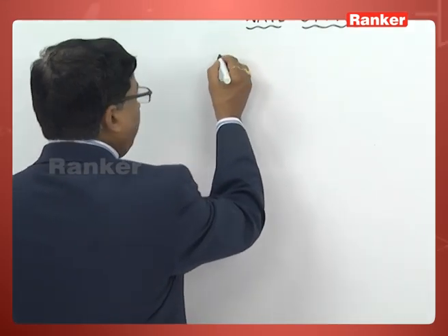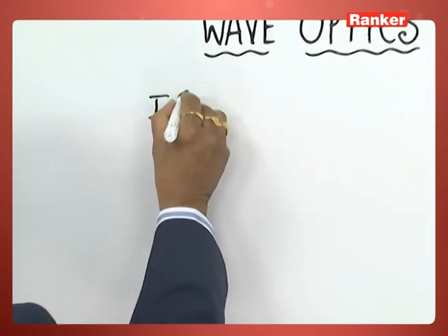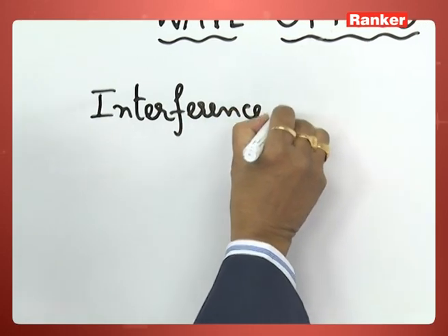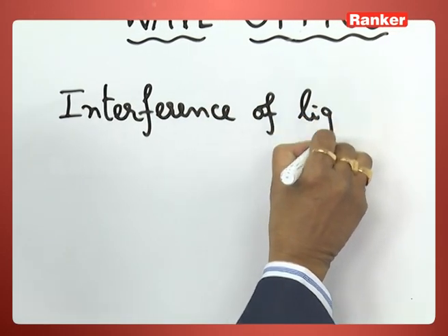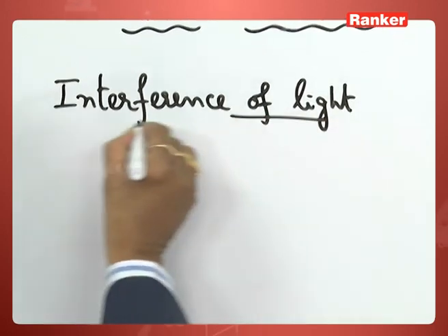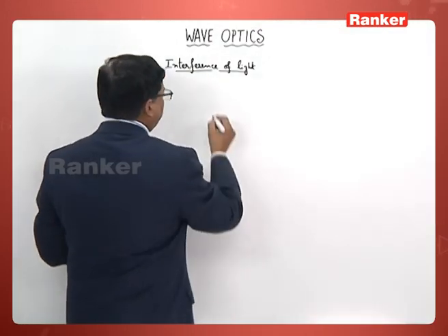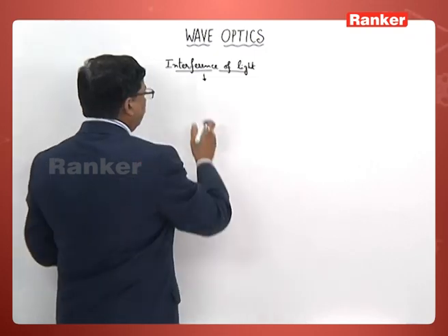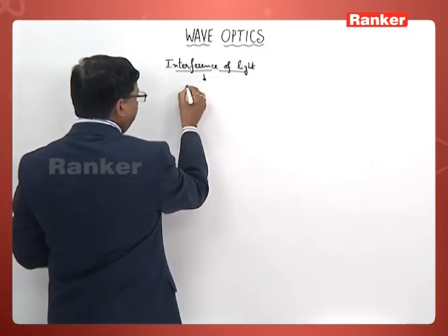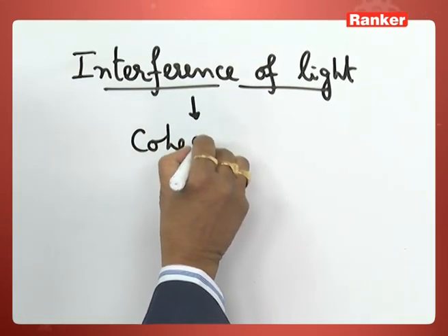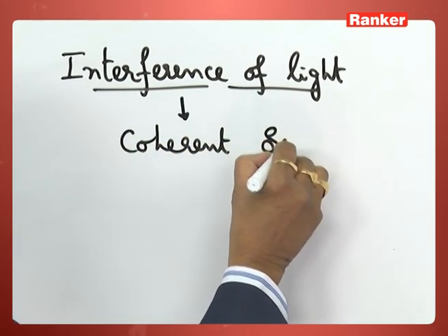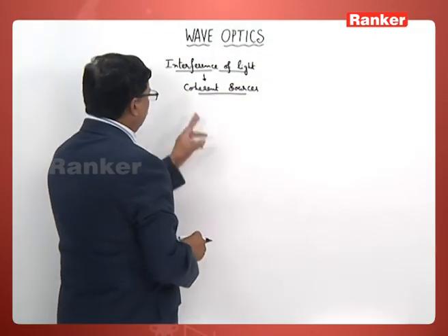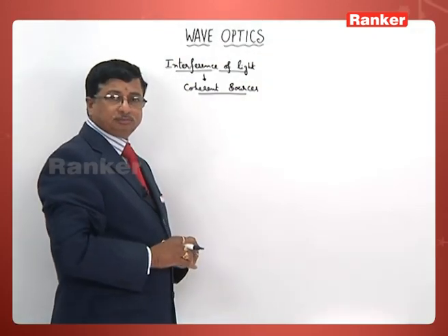So we are just taking up the concept of interference of light. First and foremost, for obtaining perfect interference, we require coherent sources. What is coherence here?